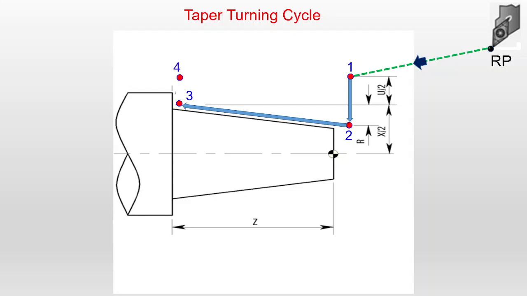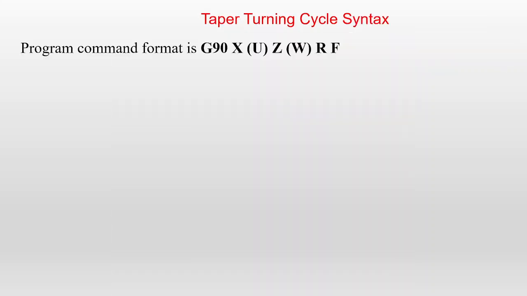So from 3 to 4 the tool is moving up, and from 4 to the initial point 1 the tool is coming in the horizontal direction. This is how the path of the tool moves, as explained in this slide.